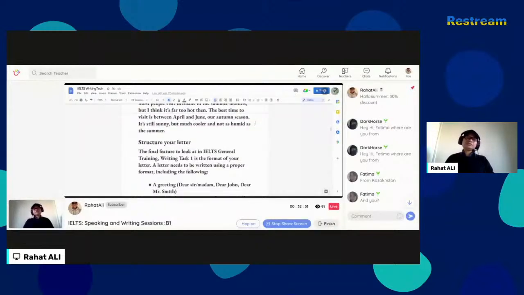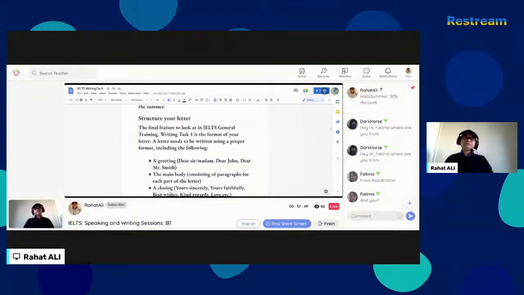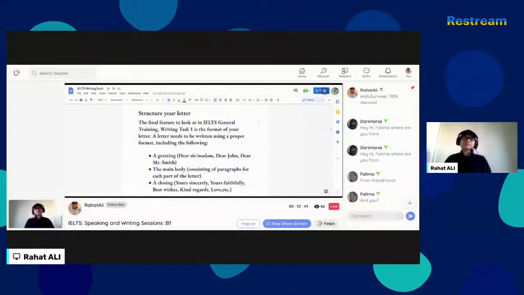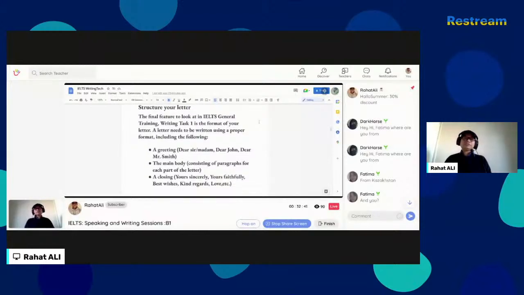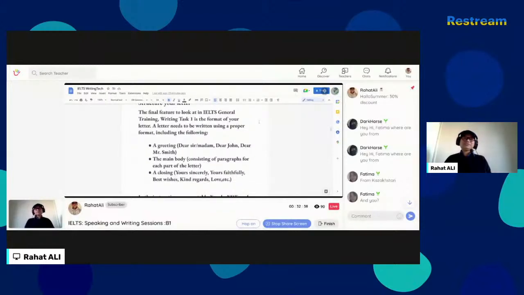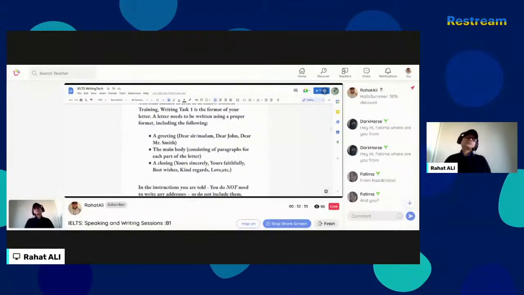Okay, structure your letter. The final feature to look at in IELTS General Training Writing Task 1 is the format of your letter. A letter needs to be written using a proper format, including the following. Remember, a letter must have the following parts as well. A greeting, like Dear Sir or Madam, or Dear John, Dear Mr. Smith, etc. The main body consisting of paragraphs for each part of the letter.